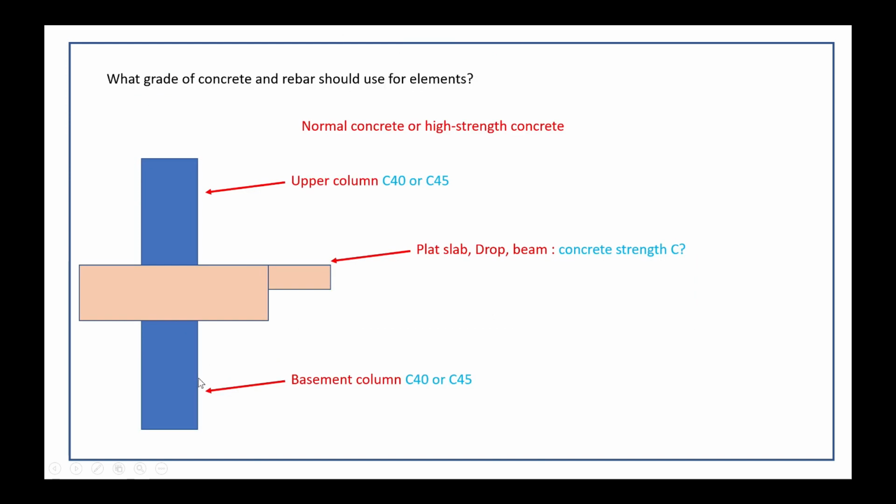You have the basement column or lower column and the upper column. In a tall building, we use a high grade of concrete. You can design according to the load, the lateral load and gravity load.